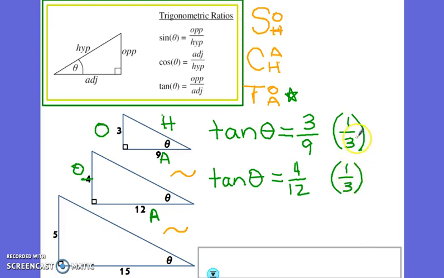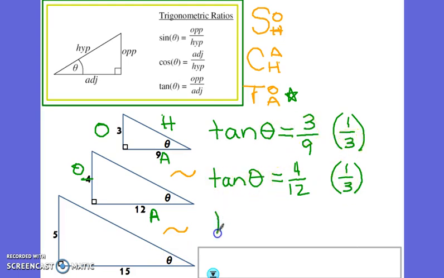Is there some reason that we got the same ratio for both of those? That should make sense, because I told you that these thetas, if these are all similar triangles, are congruent angles. So the tangent of this angle is 1/3, and it's still 1/3.